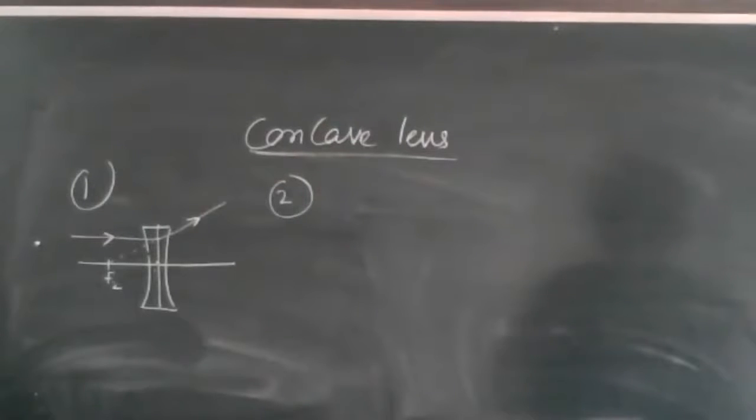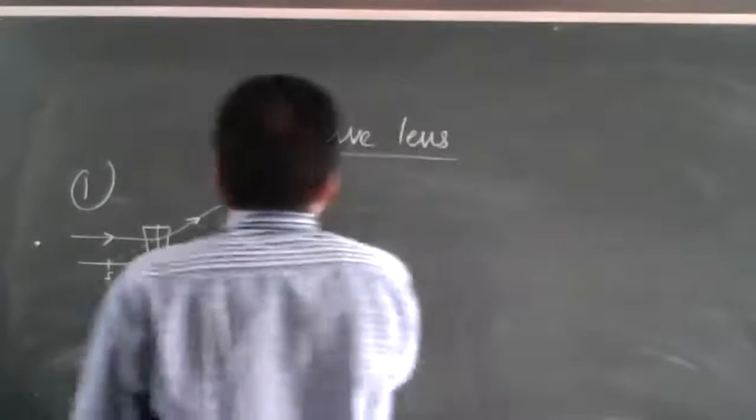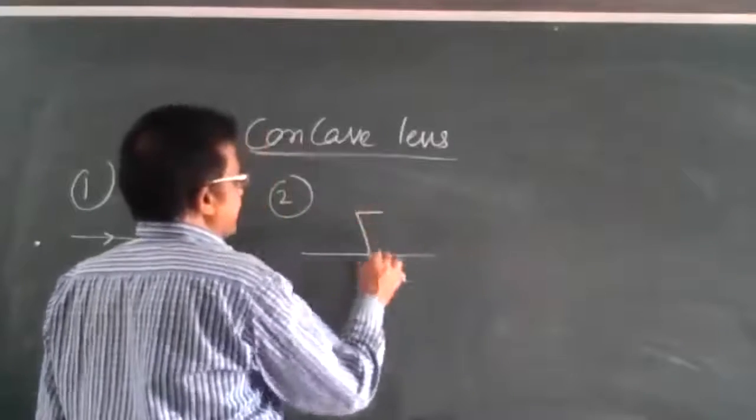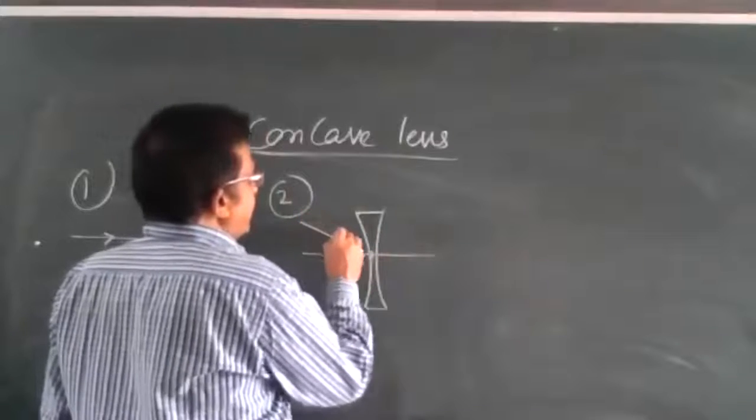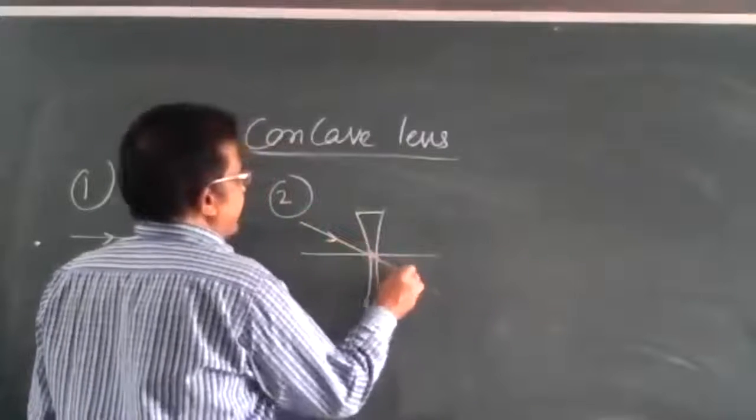In the second figure, here is our concave lens, a ray passing through the optical center, say like this.